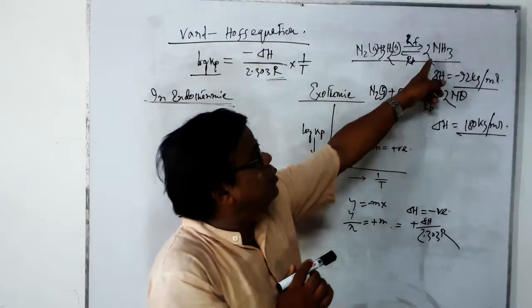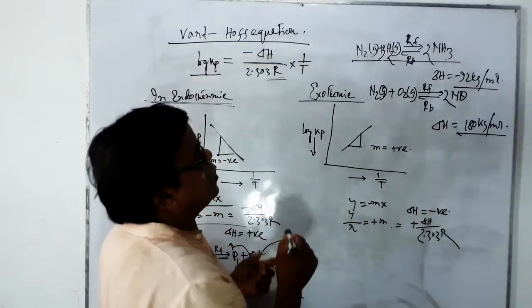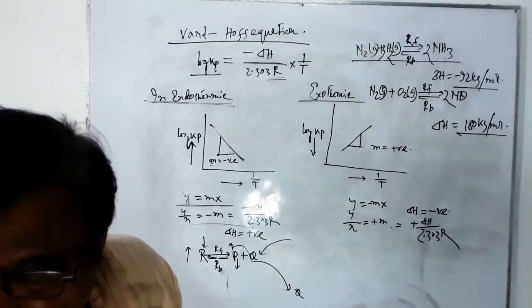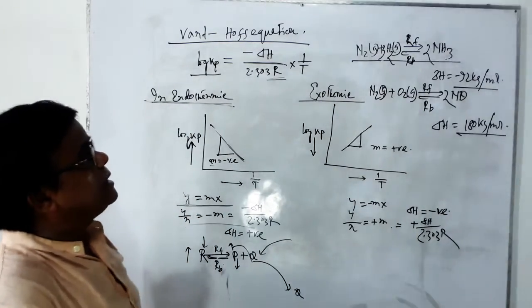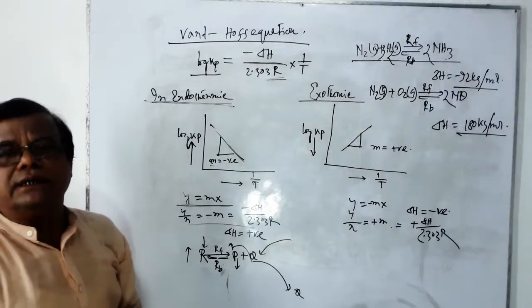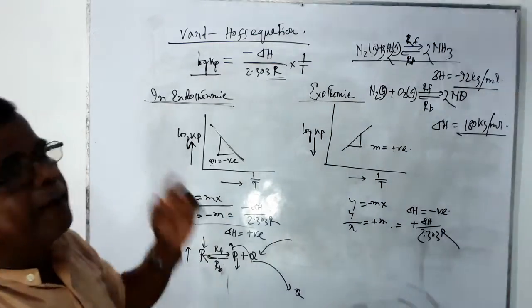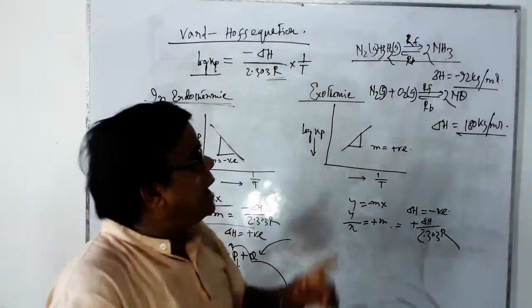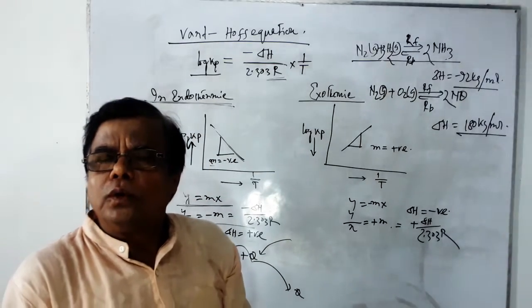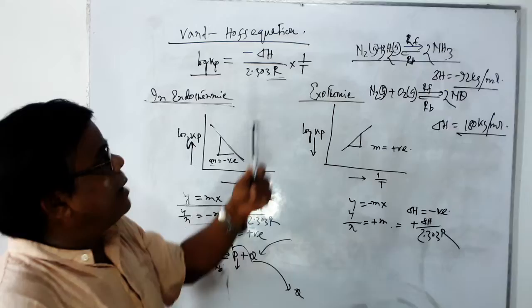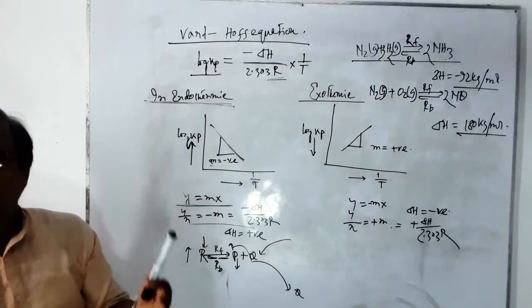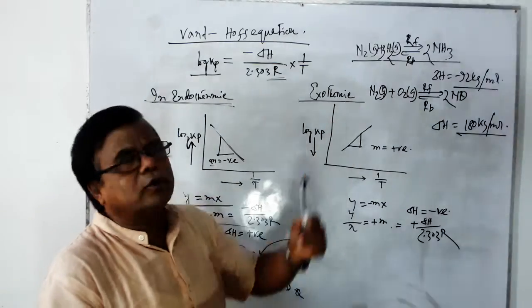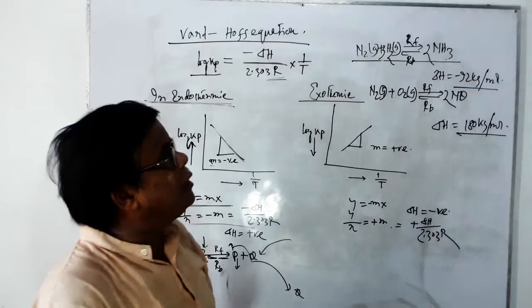If we increase the temperature of this reaction, the amount of ammonia decreases, the reactants nitrogen gas and hydrogen gas increase, and the reaction goes backward. If the temperature decreases, the amount of ammonia increases, and the amount of nitrogen and hydrogen decreases. This is the effect of temperature on exothermic reactions.